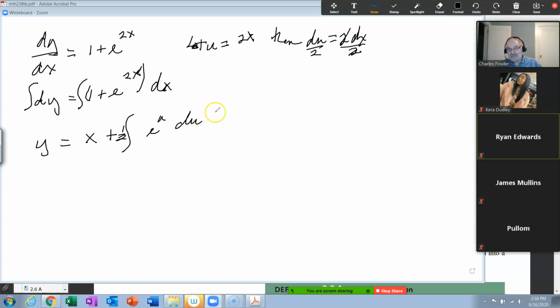Okay, well, hopefully you can do that one. That's x plus 1/2 of, what's the antiderivative of e to the u?